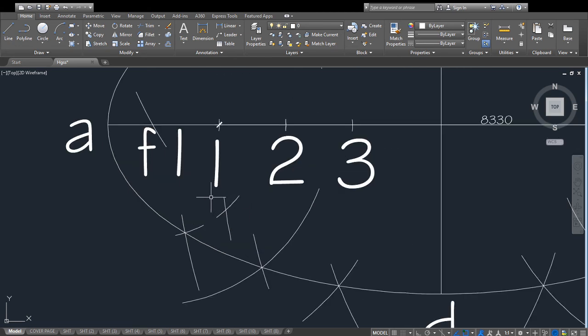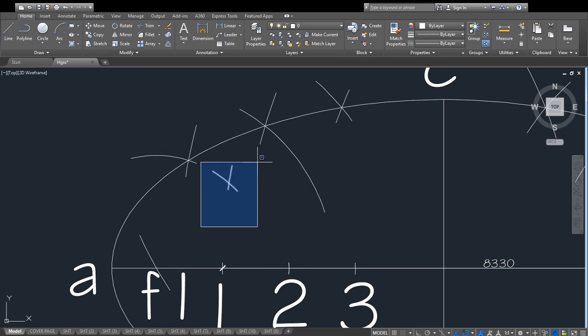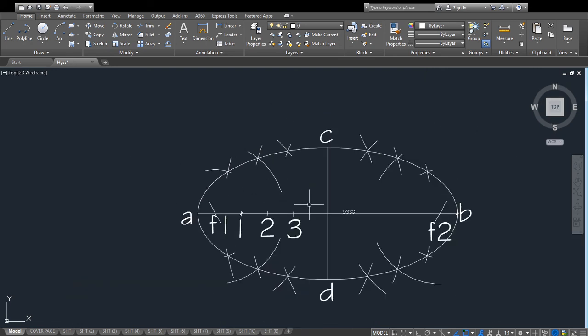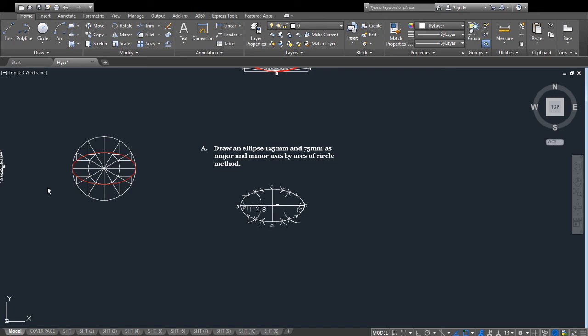So since this point is wrong, I'll take it off. Okay, I'll take this off, and you can see my ellipse now.